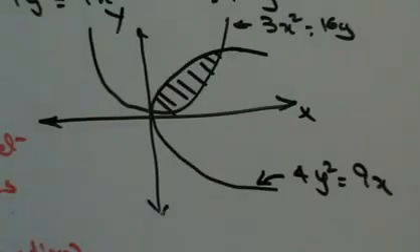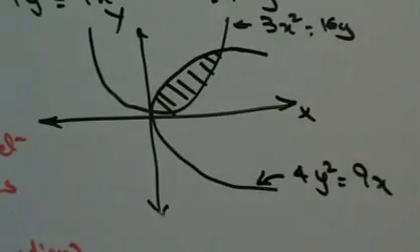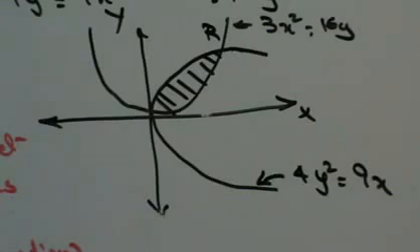Now, since the two parabolas are intersecting at this point, let's call this point R. Since the two parabolas are intersecting at point R, if they have a common point, that means I should be able to substitute the equation of one in the other.